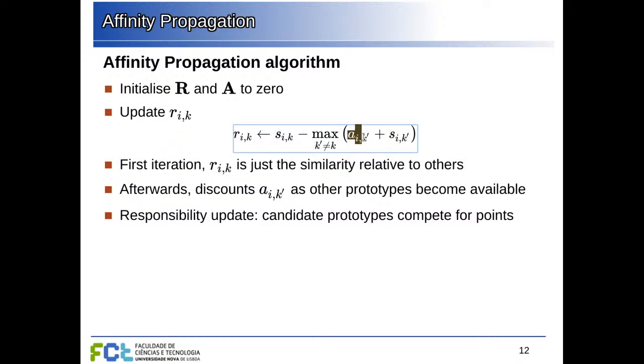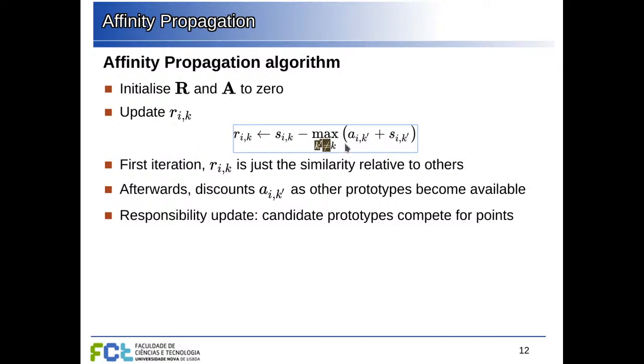Initially availability is 0. So basically what we're doing is that the responsibility of K as a representative of I is the similarity between the two minus the maximum similarity to some other potential representative.